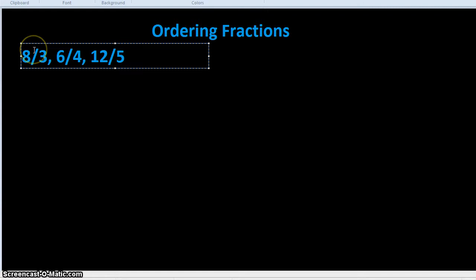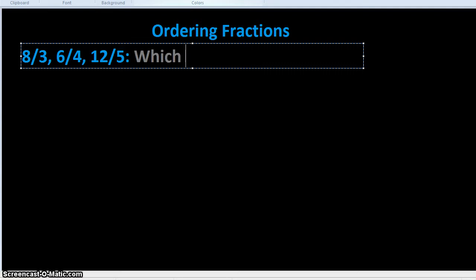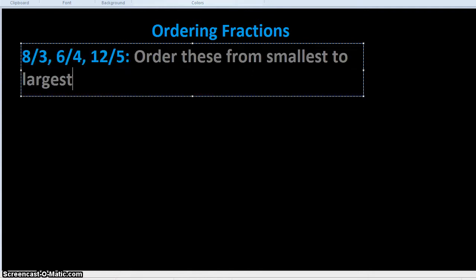And then the question might be, which order do these go in from smallest to largest? So that could be the question.